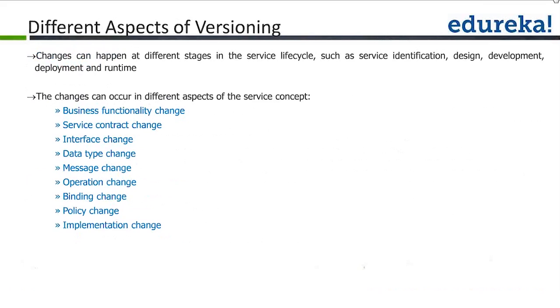Data type change: some data type was integer. Now since the new value can be a fraction, you have to change the data type into float. I hope you know what is float and what is integer. Or something that was integer earlier can now be a string. So again a service has to undergo a change. Let's say there was an employee ID for your organization, which was running numbers in numeric.